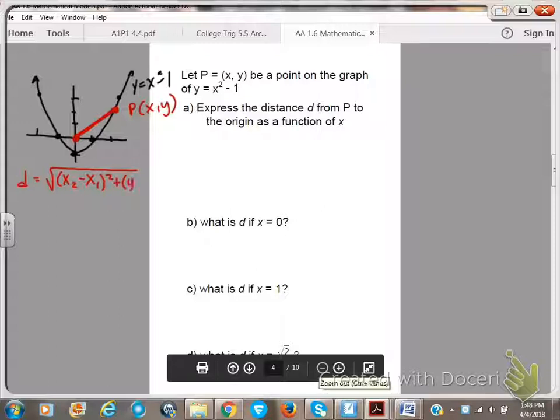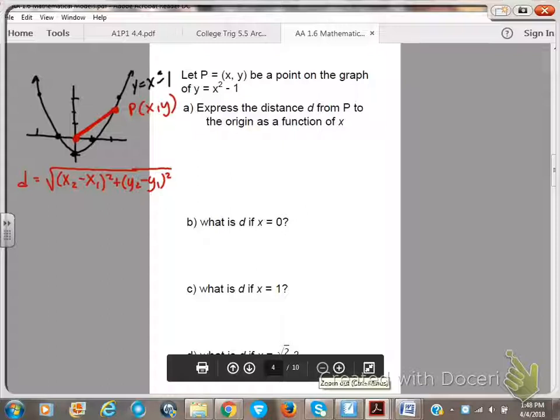Very good. With distance, you always need 2 ordered pairs. What's one ordered pair that we've been given here? 0, 0, the origin. How do you do the other one? We don't know what it is. That's what makes this difficult, because we don't know the other ordered pair. It's not going to be an actual number.